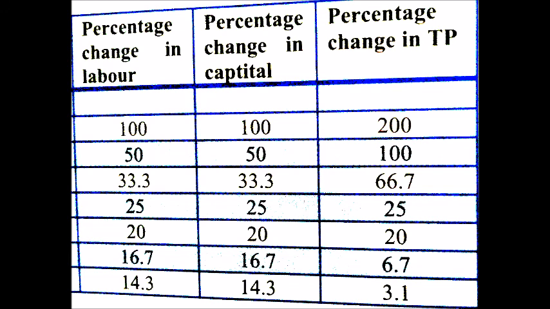The percentage change in capital is also there, as you can see. The percentage change in total product is also there. So you can see for yourself. When you finish calculating, that's what you do.